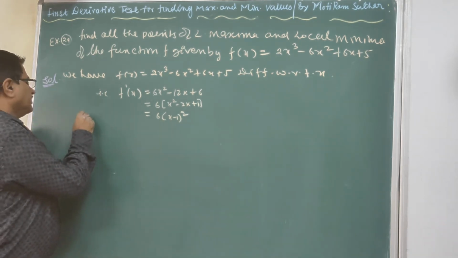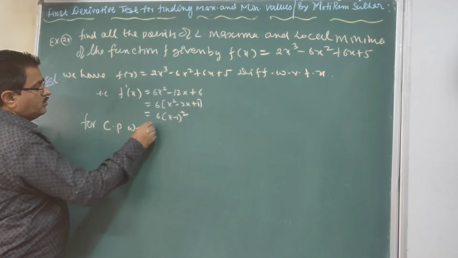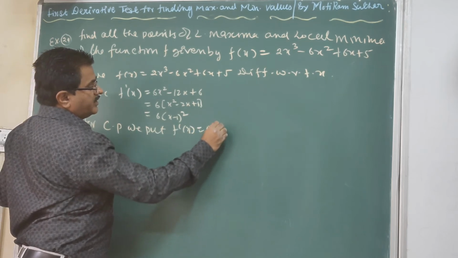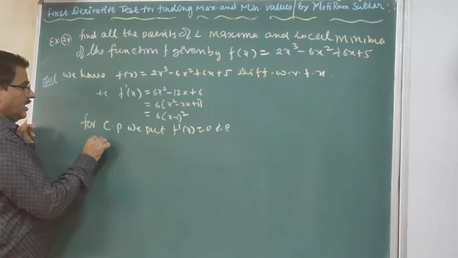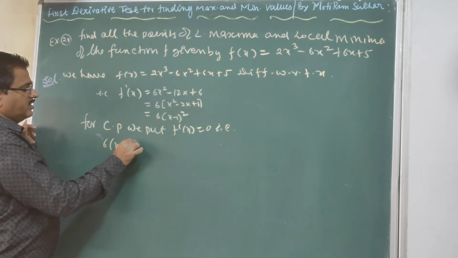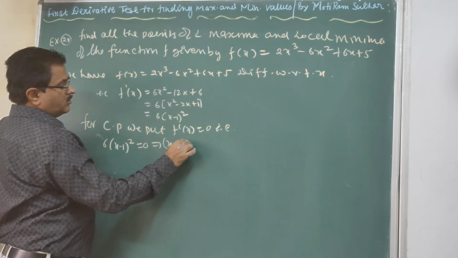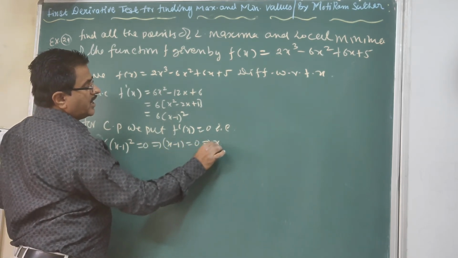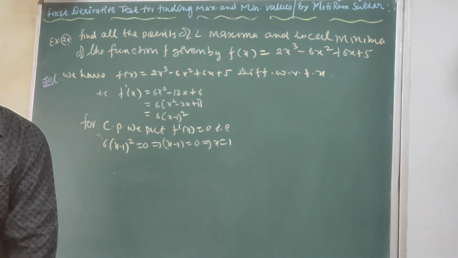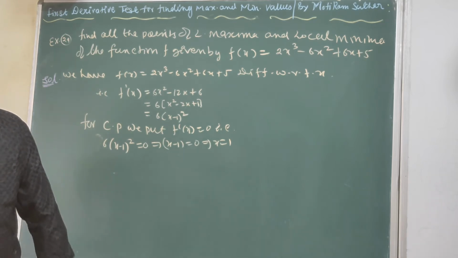Now for the critical point, we put the derivative equal to 0. That is f dash x equal to 0. It means 6 into x minus 1 whole square equal to 0. So if you solve, x minus 1 equal to 0. So we get only one point. x equal to 1 is the critical point only.